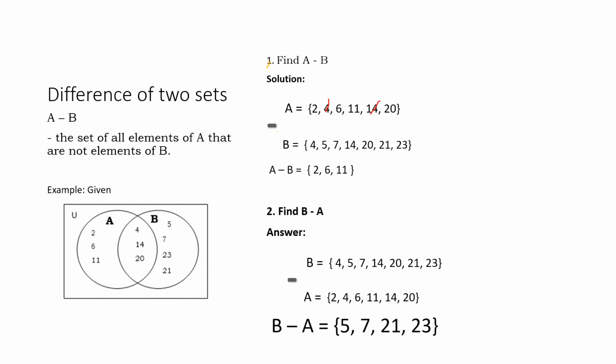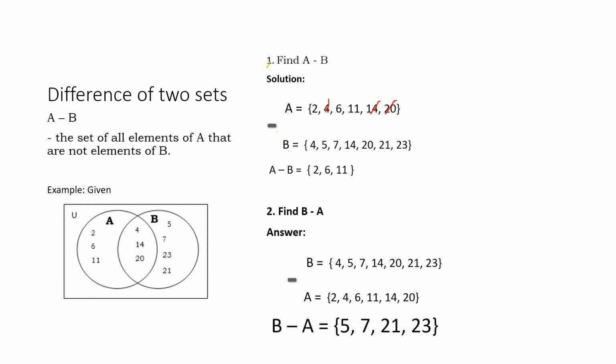What else? 20. May 20 dito. Tatanggalin natin din sa B. Meron ding 20 sa B. So, remove din natin. Ngayon, asan na yung sagot? Ano yung mga numbers or elements na natira kay A? We have 2, 6, and 11. So, the answer of A minus B is equal to 2, 6, and 11.